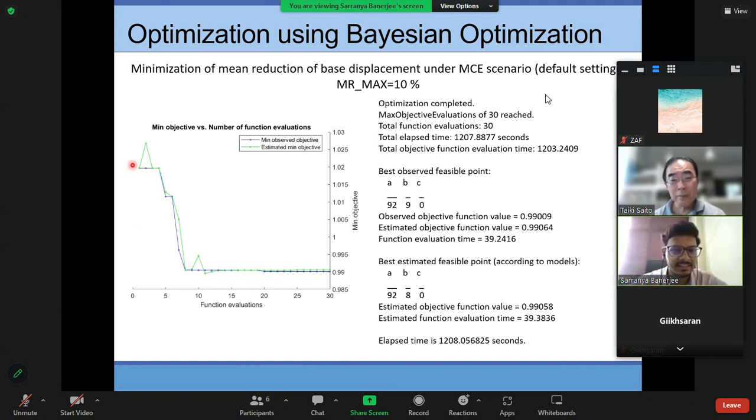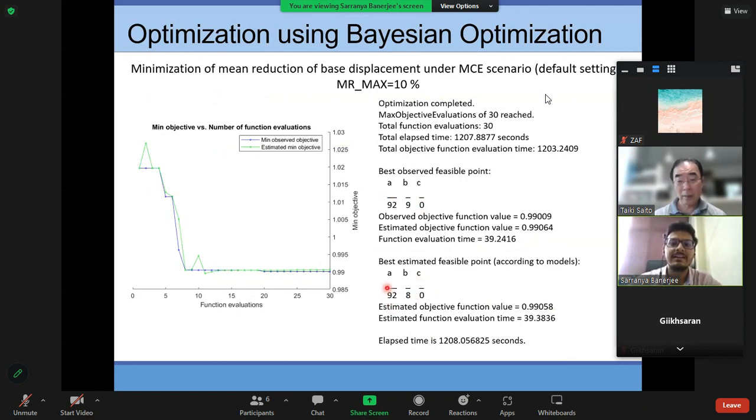So this is the graph that we get from MATLAB. This green line is the Gaussian process that has been developed with our design variables, and this blue line is the actual function evaluation. It is seen that the Gaussian process has almost converged with the actual objective function, and both the observed feasible point and the estimated feasible point are quite similar.